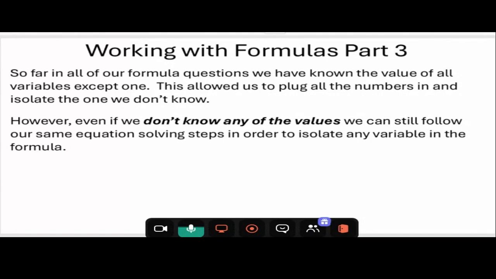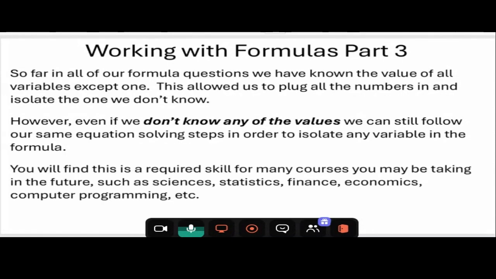And there's various reasons why that's useful. We'll talk maybe a little bit more once we've seen one or two of these how that could be a helpful thing to do, but it is extremely helpful, especially in the sciences. I'm also thinking of finance courses I've taken where we also had to do this sort of stuff, so it comes up in various places. It comes up in all kinds of different courses that you might end up in, whether you're going into the sciences or finance, economics.